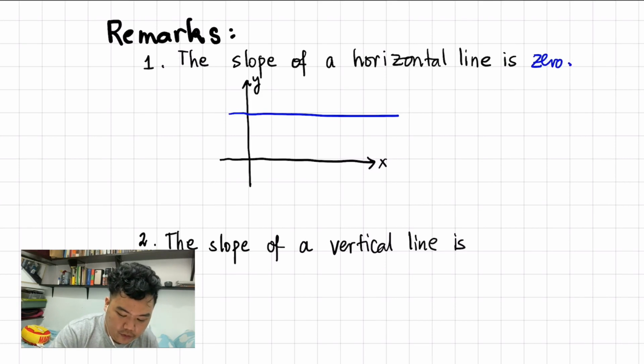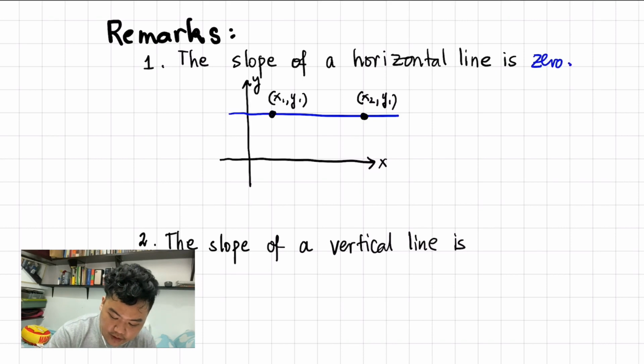If we pick 2 points to compute the slope, let's say this is (x1, y1). Of course, this is x2. But the y-coordinate of this point is the same as that of (x1, y1), so the y-coordinate is also y1.